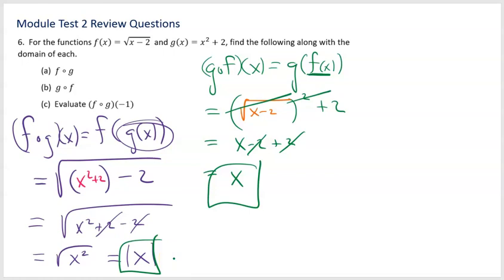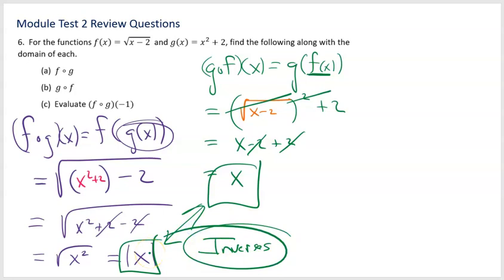Now, a quick reminder: when you get X for both of your values, when you calculate F composite G of X and G composite F of X, that means that G and F are inverses of each other. So that's something a little extra. It's from a different section, but you need to recognize that. If you get X for both of them, they're inverses.